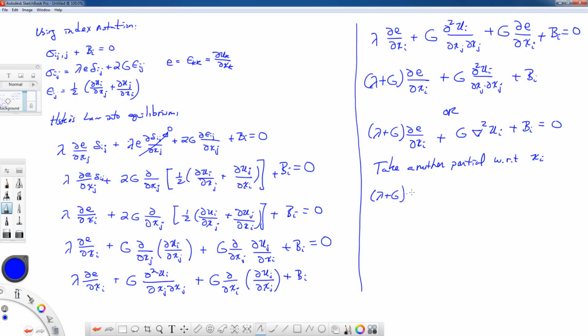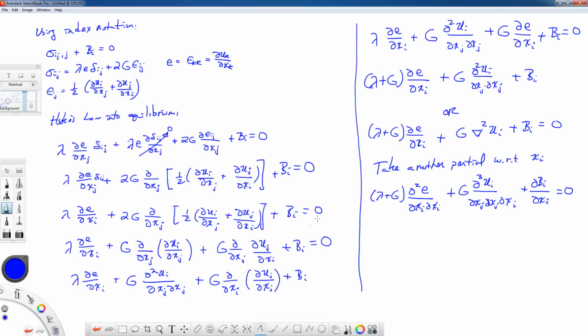Now, if we want, we can take another derivative with respect to xi, lambda plus g, the second partial of the trace with respect to xi and xi, plus g times the third partial derivative of ui with respect to xj and xj and xi, plus a partial derivative of the body force term with respect to xi. Now we do have some repeated indices, we do have some summations.